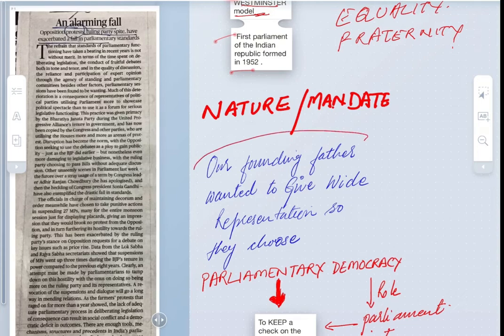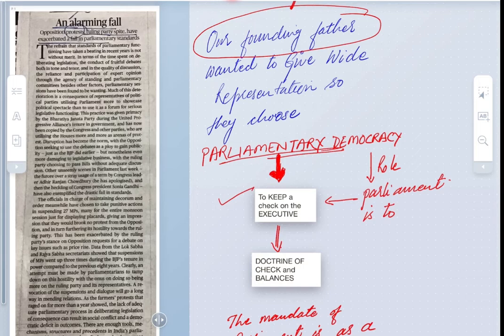Our founding fathers wanted to give wide representation to the Indian Parliament because we were diverse in demographics. We had a rich diversity. So they chose parliamentary democracy because our forefathers did not want the executive to overpower it. They wanted to keep a check on the executive.